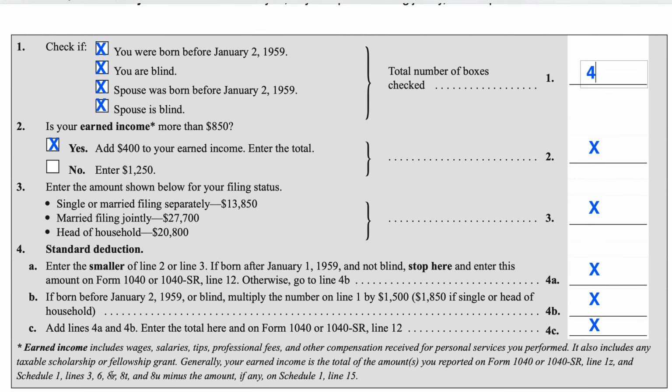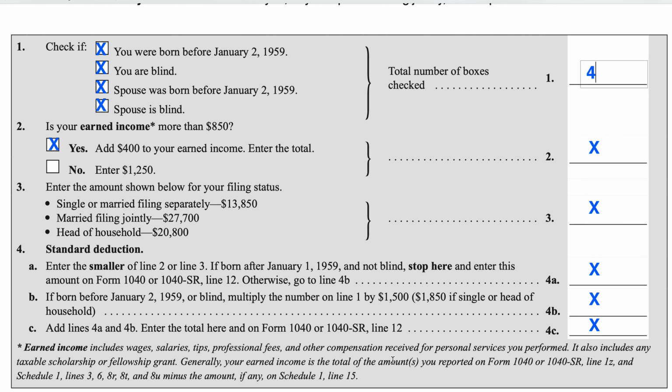So earned income is right here. Basically, if you get a Form W-2, you're probably going to have earned income. If you have self-employment, that's earned income. So the technical definition is any wages, salaries, tips, professional fees, and other compensation that you receive for personal services that you performed.